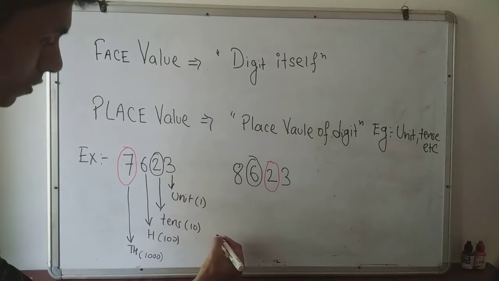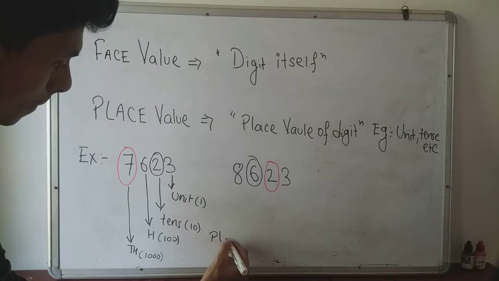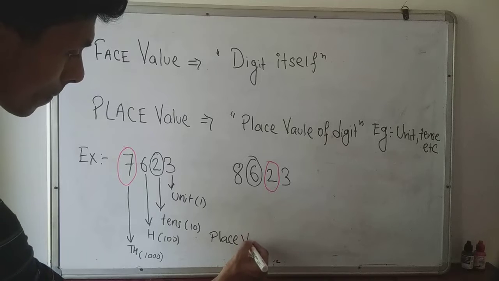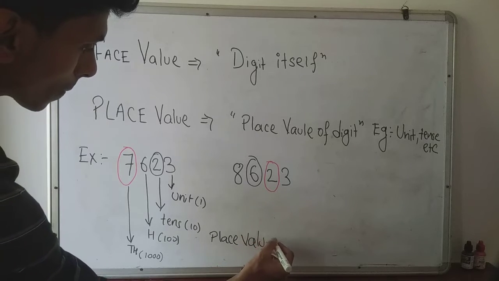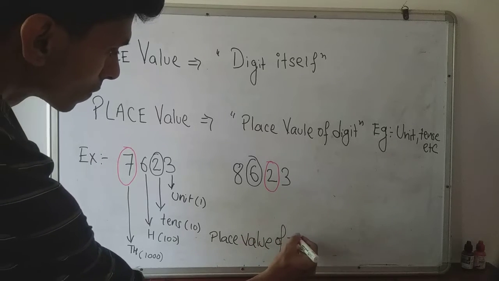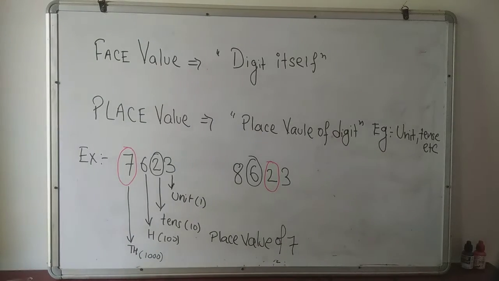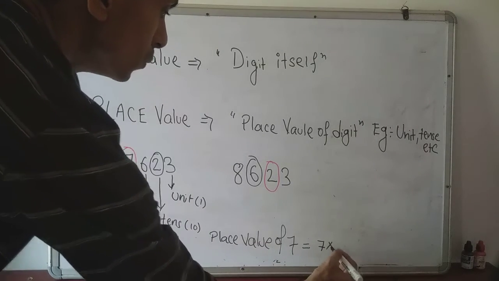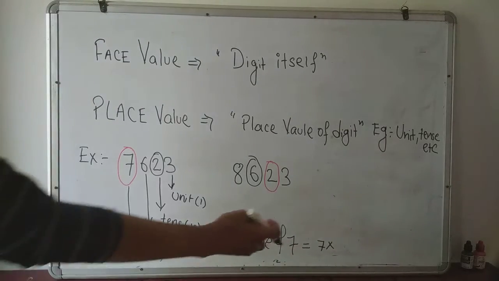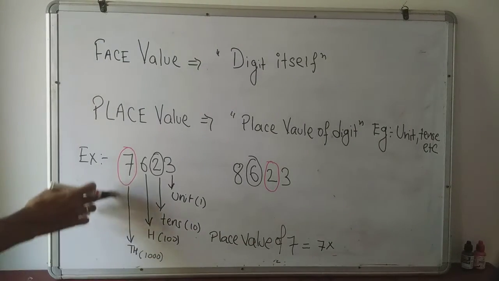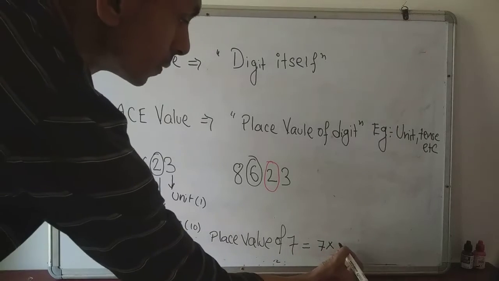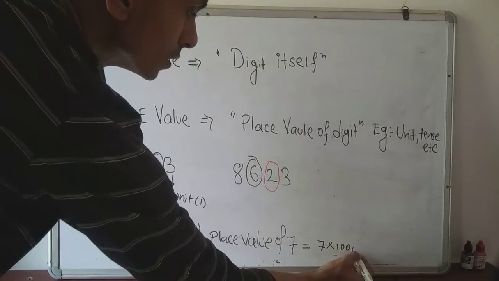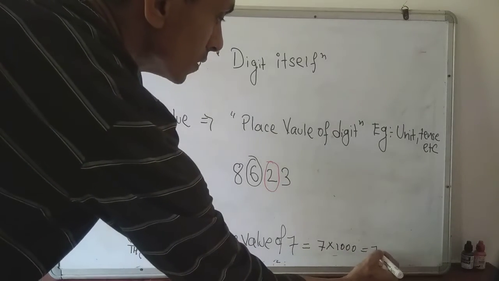So when we find the place value of 7, we write 7, the digit itself, into its place value. 7 is in which place? The thousand place. So we multiply it with 1000, and we get the answer 7000.